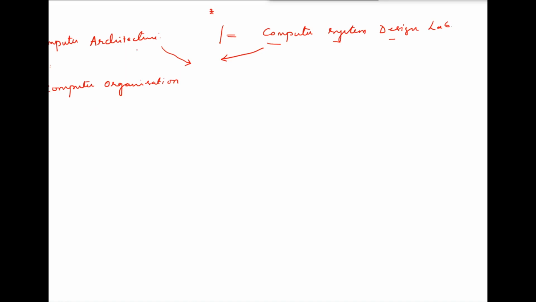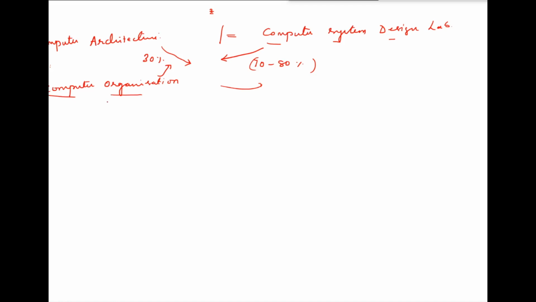In computer architecture, maybe 30% may involve computer organization. But in the computer system design lab, 70 to 80% of the lab will be explained with respect to the knowledge you acquired in computer organization. So this is going to be the prerequisite.